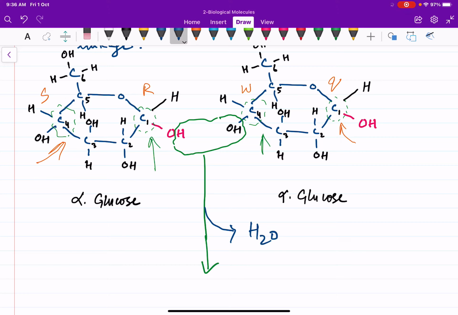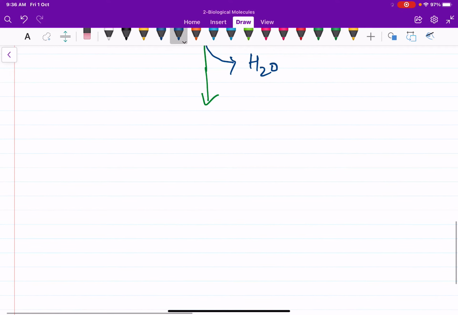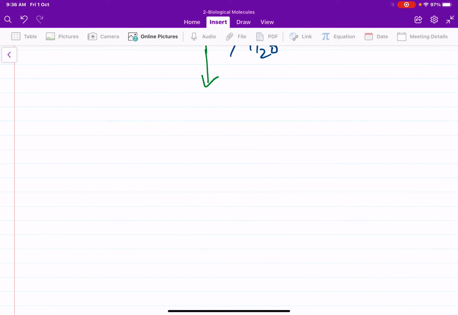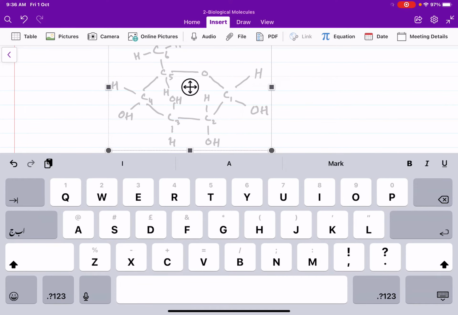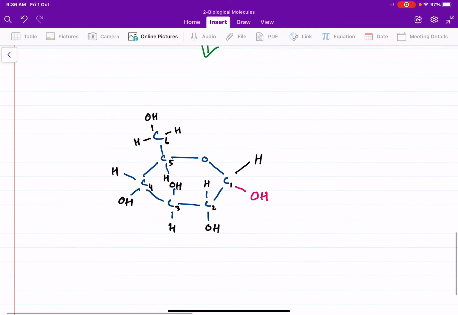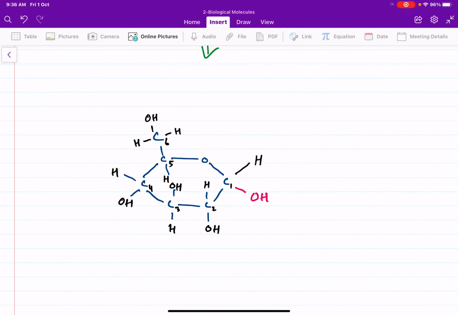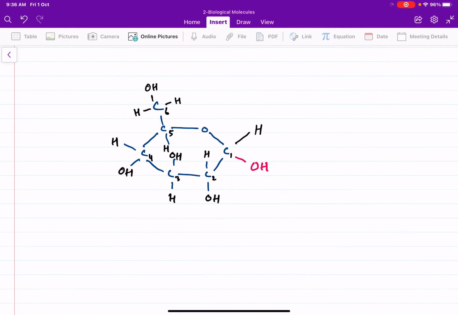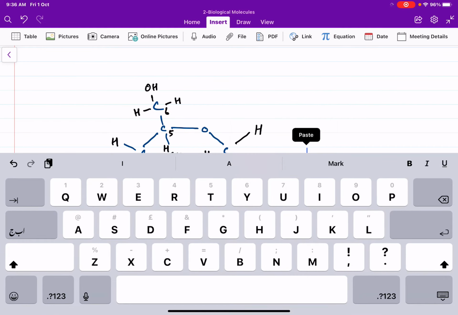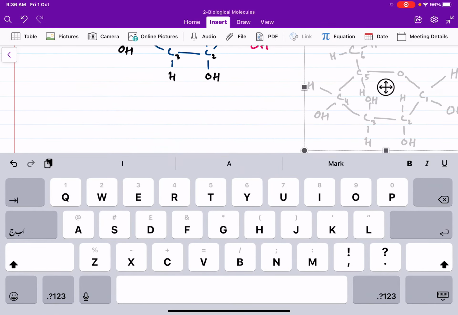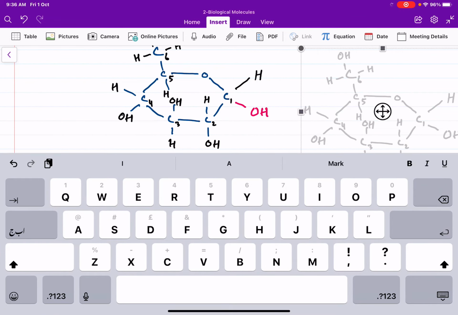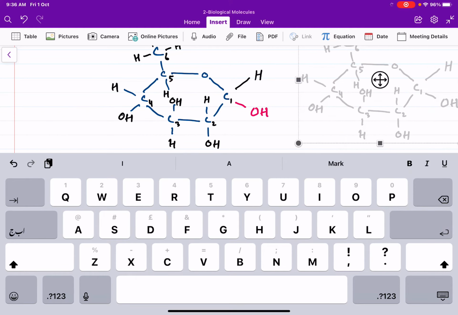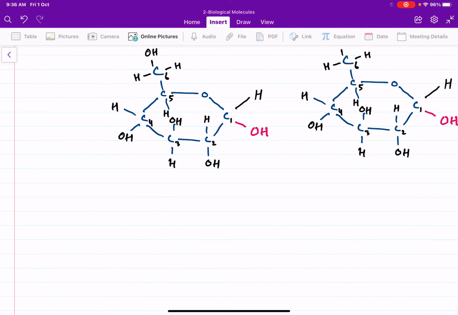And these two sugar units will be joined together by a linkage between them, which is known as a glycosidic linkage. And how that linkage is formed, I'll put these two molecules here. You got it?